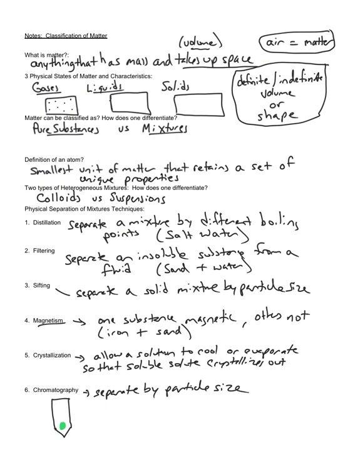So a gas has an indefinite volume and an indefinite shape. It takes the shape of any container and it fills the container no matter how big it is. It is both indefinite in each of those. That makes it a gas.